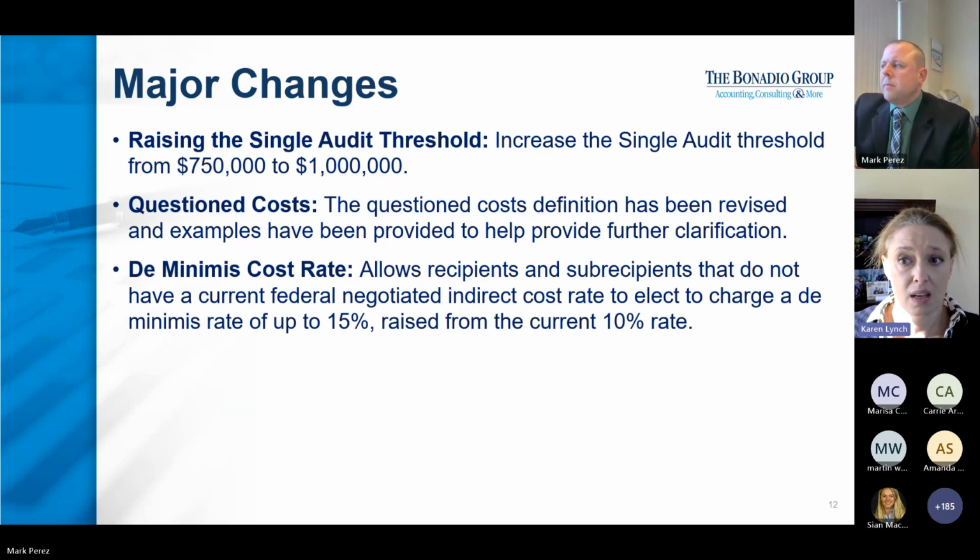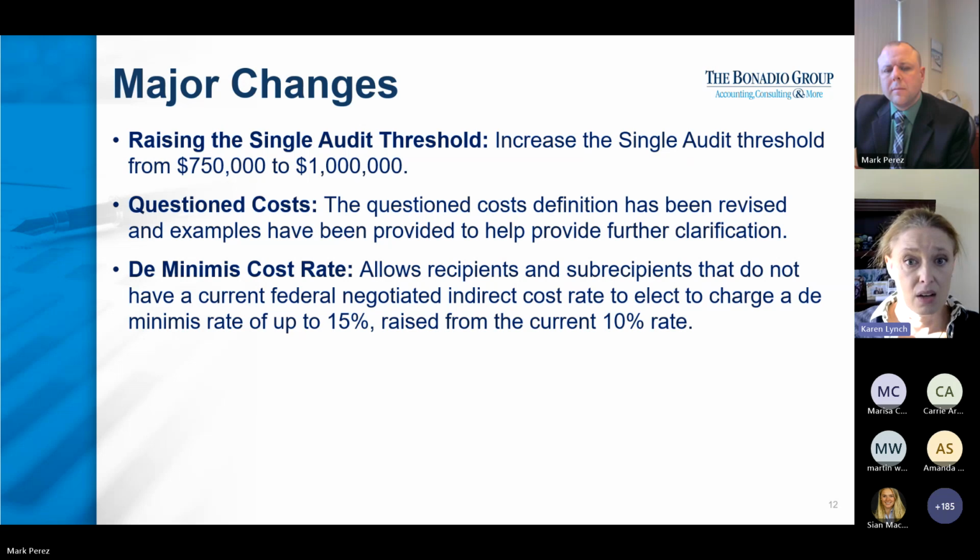So this is exciting. It's saying that now when you look at all of the federal awards that you receive, the threshold is now increased from $750,000 to $1 million. This is, again, a big conversation as you start looking at your federal funding after October 1st, 2024, that you'll want to ensure where is your threshold?